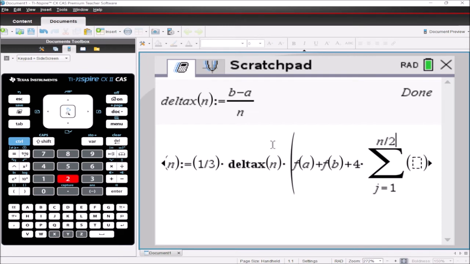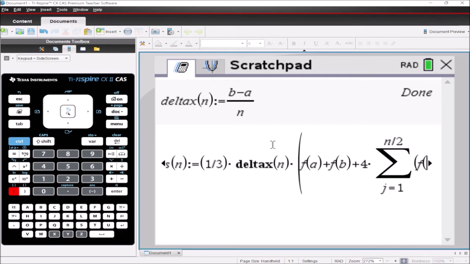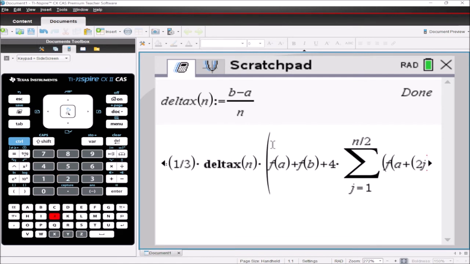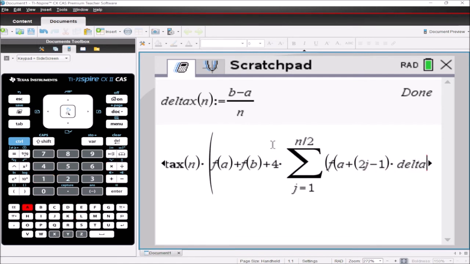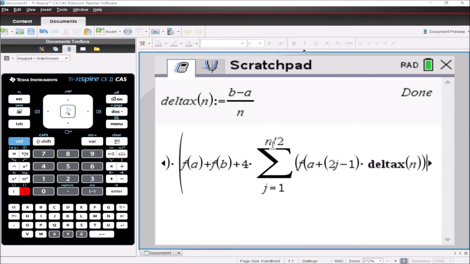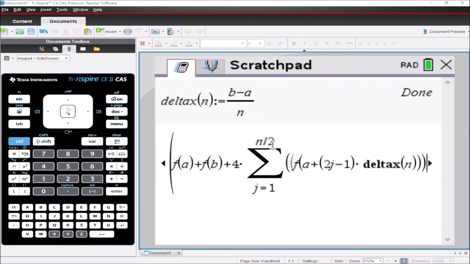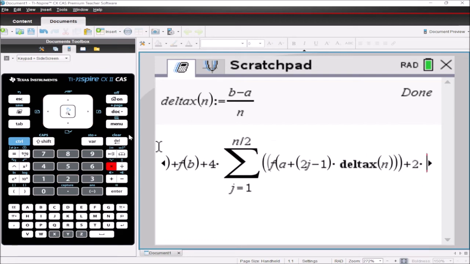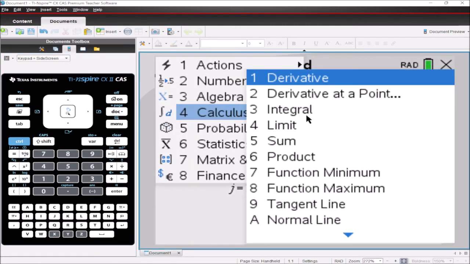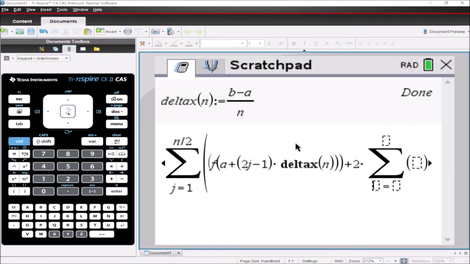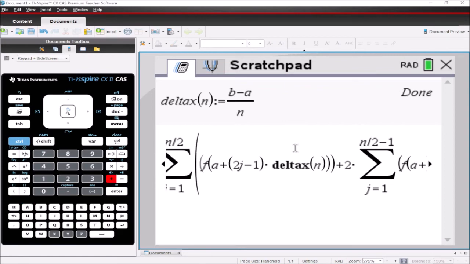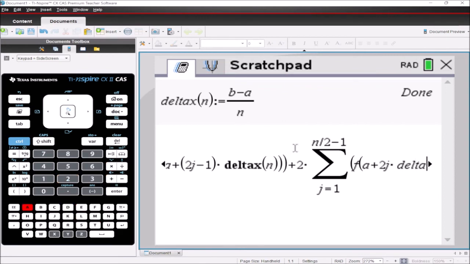j from 1 to n over 2, f of a plus 2j minus 1 times delta x of n, plus 2 times another sum, j will go again from 1, but this time n over 2 minus 1, f of a plus 2 times j times delta x of n.